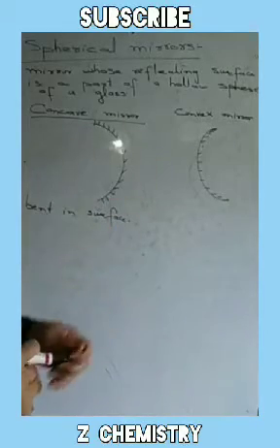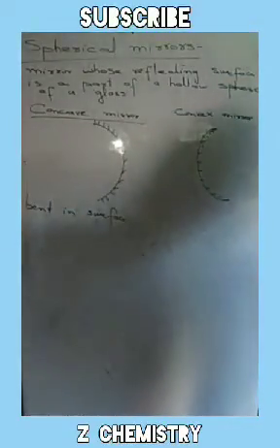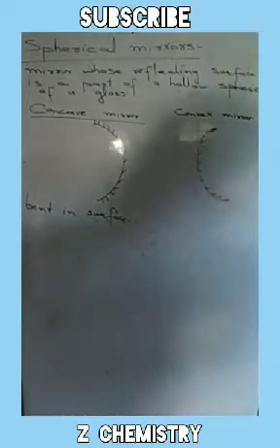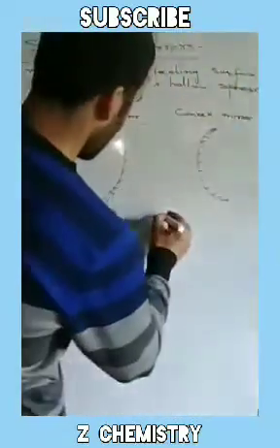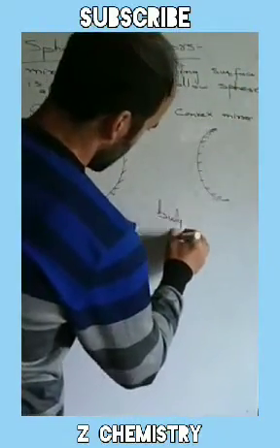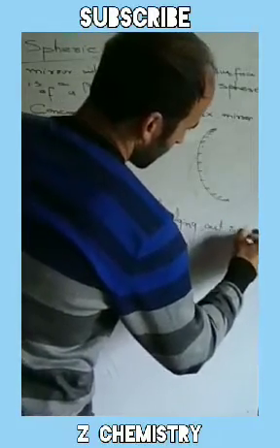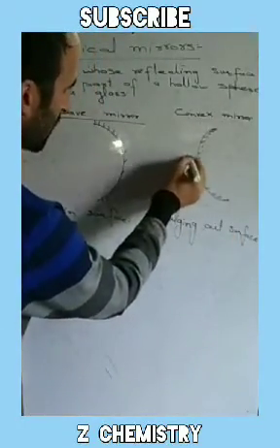And convex mirror, it is that spherical mirror in which reflection occurs from the bulging out surface. This particular surface is bulging out, reflection will occur from this particular surface.